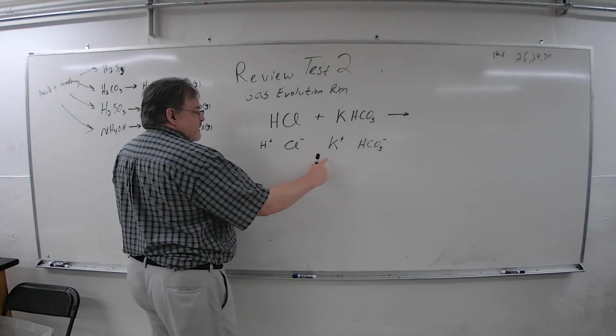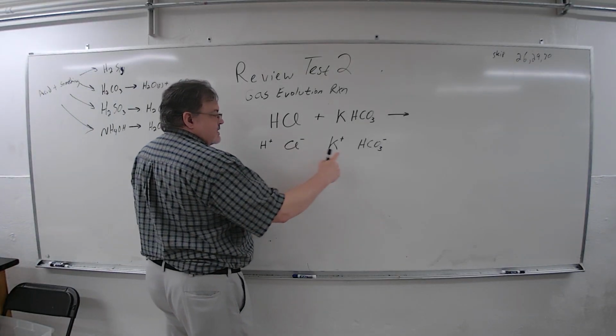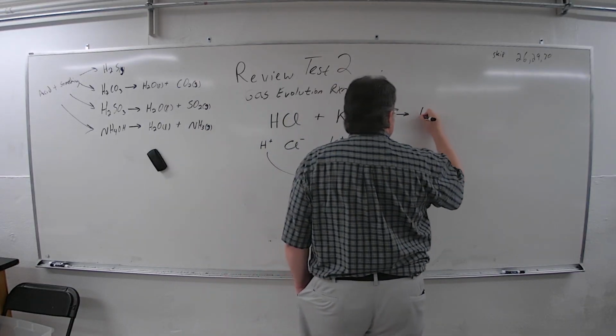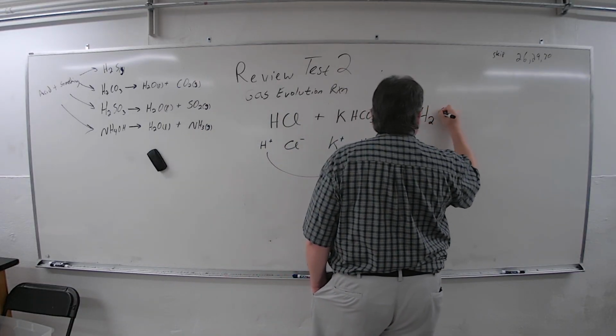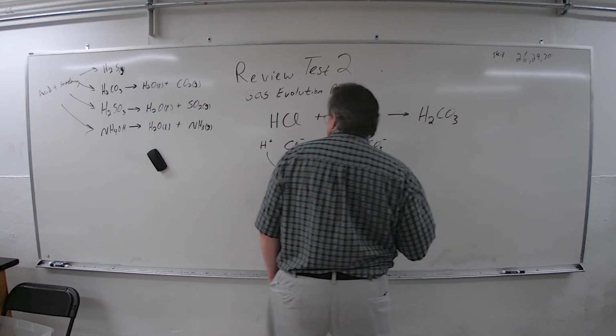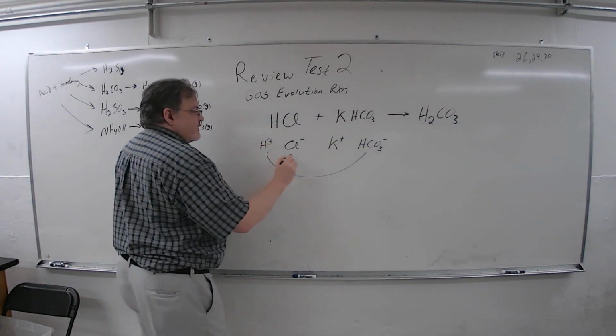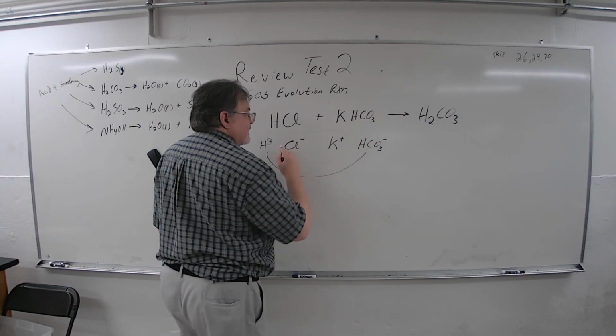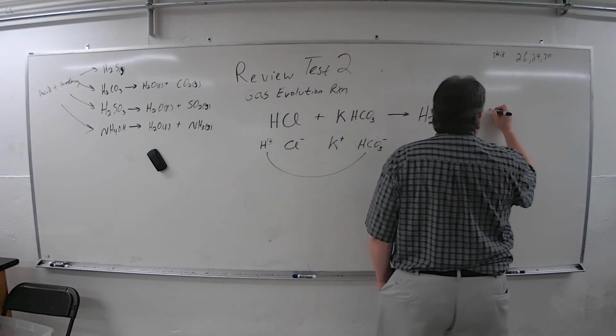So H comes to this, and we're going to have H2CO3. We've got a positive and a negative, so that's fine the way it is. And then we're going to have KCl.